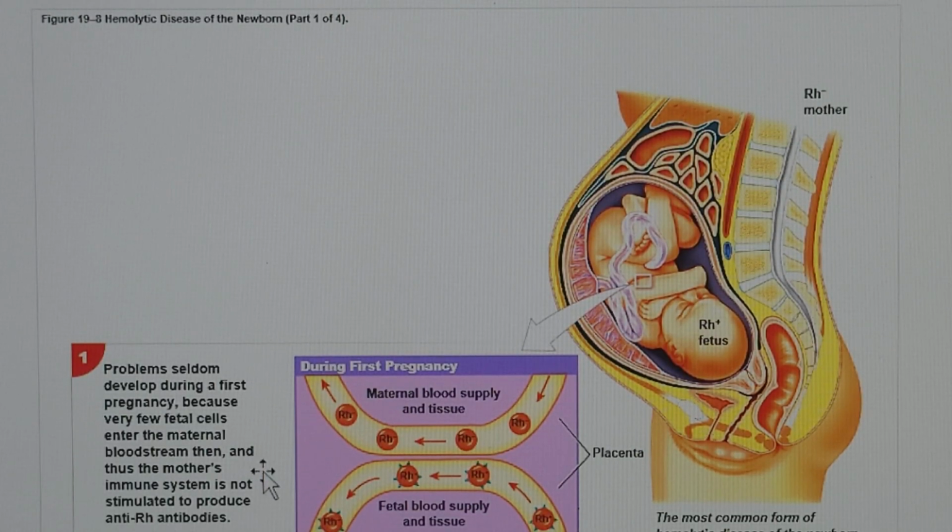Thus, the mother's immune system is not stimulated to produce anti-RH antibodies. The most common form of hemolytic disease of a newborn develops after an RH negative woman has carried an RH positive fetus.